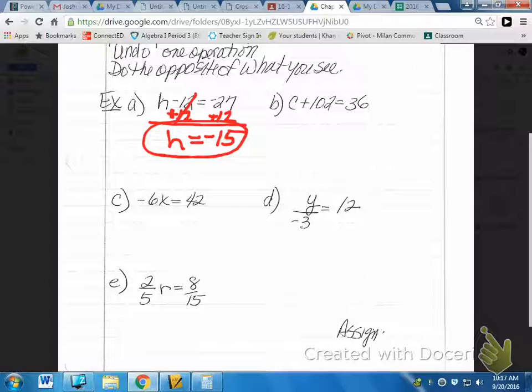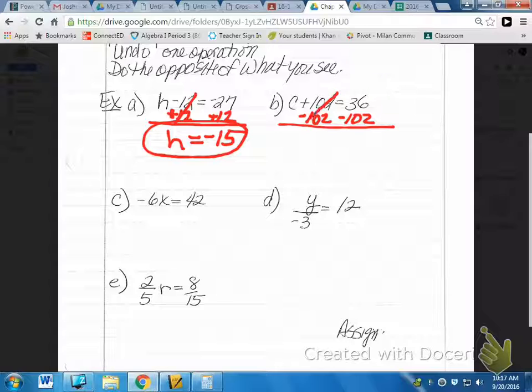Example B. C plus 102 equals 36. Again, I want to isolate C and get C alone. Well, a positive 102 is keeping it from being alone. So to make the positive 102 cancel out, I would subtract 102 from each side.